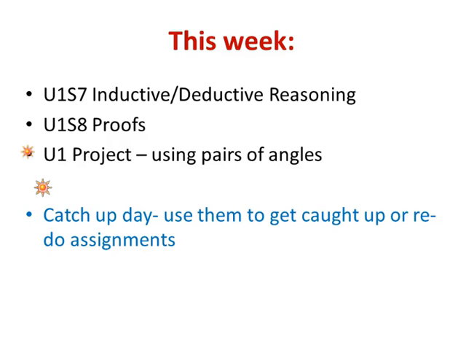When you do that, you're going to create some parallel lines and transversals, and you're going to be showing me all the different types of angle pairs. We're also going to be looking at Unit 1 Session 7 on inductive and deductive reasoning, and Unit 1 Session 8 on proofs. There's also a built-in catch-up day.